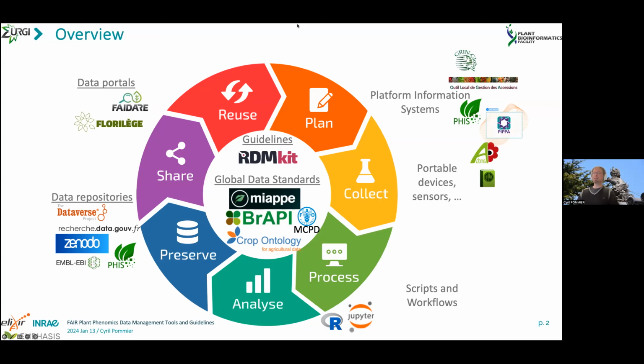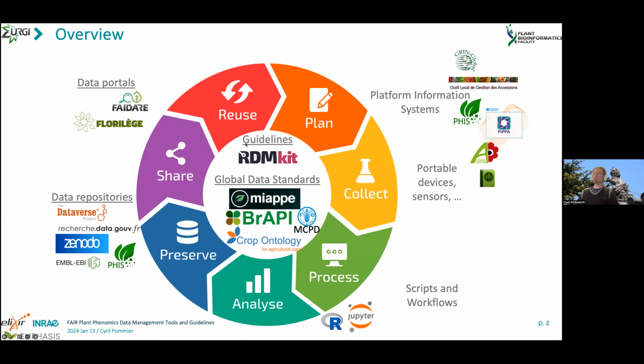And since there are many data repositories and platform information systems, there is a need for data portals to be able to search over all of those. Since there are a lot of tools, a lot of solutions available everywhere, we need something to glue and link all of those solutions, and that is twofold.